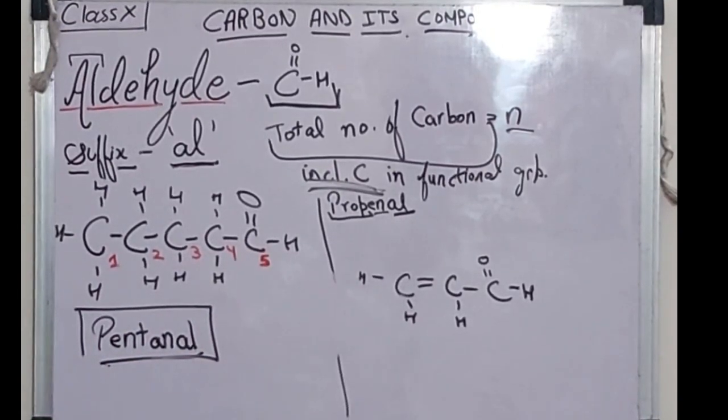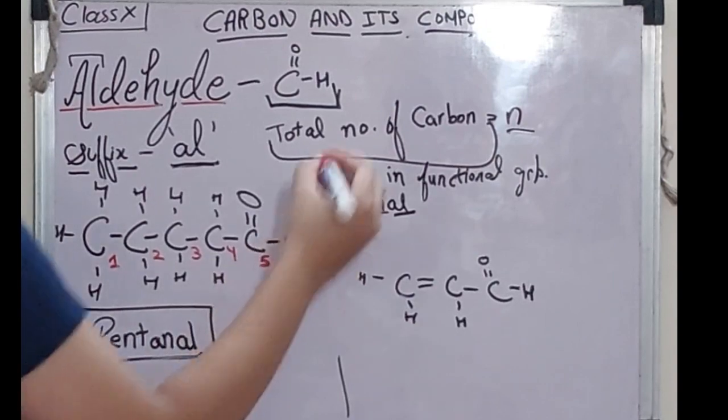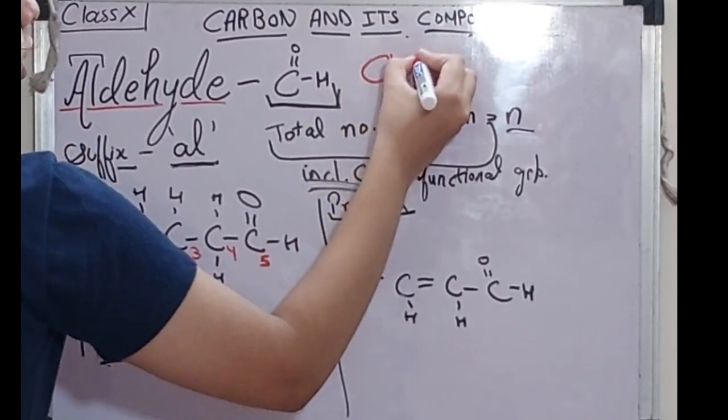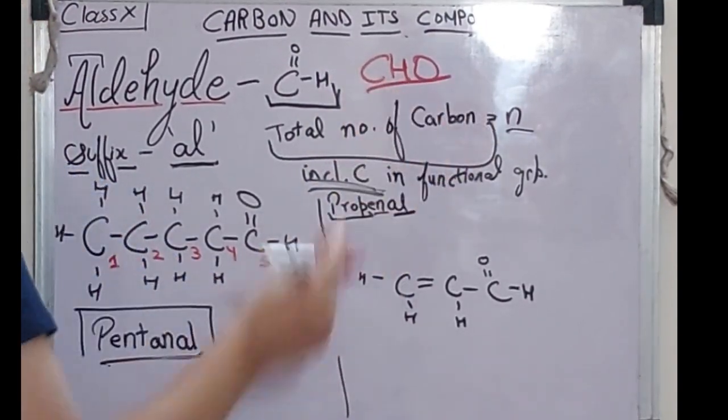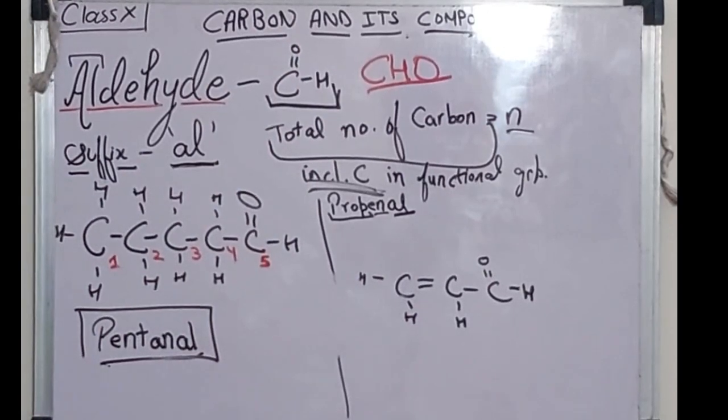Now the easy way to remember aldehyde की कौन सा functional group है and what about it, what you can do is you can remember it by CHO. Just remember CHO. And you should be clear that oxygen will be making double bond only.